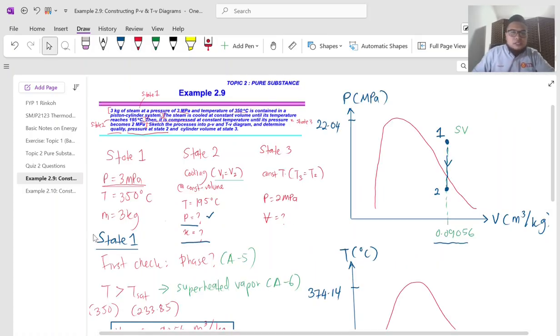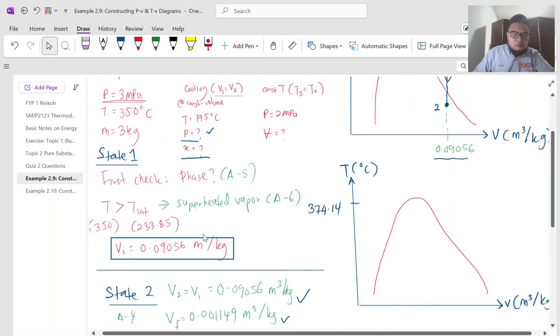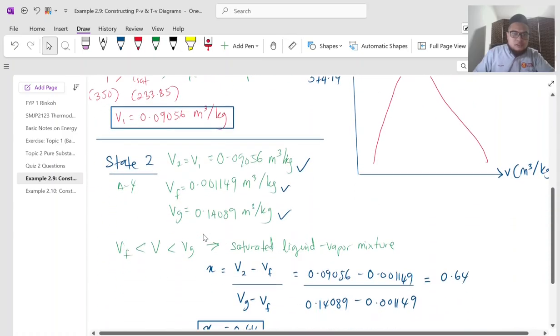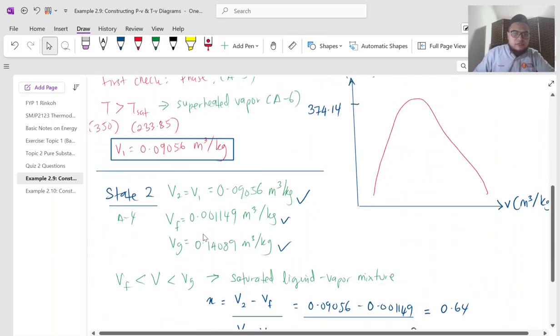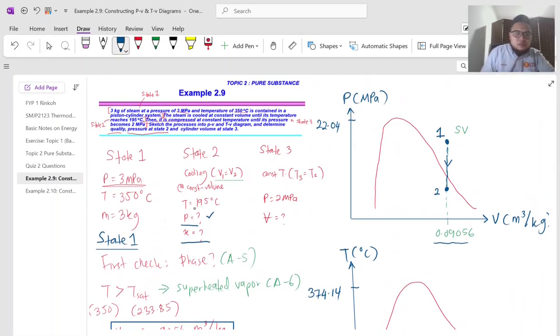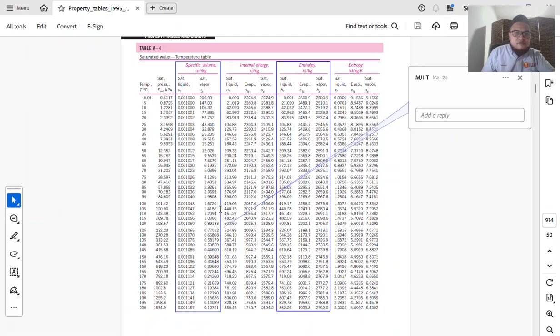Now the pressure you can obtain from table A4 based on the temperature of 195 degrees, right? So we check table A4, 195. So why do we check table A4, not table A6, for example?